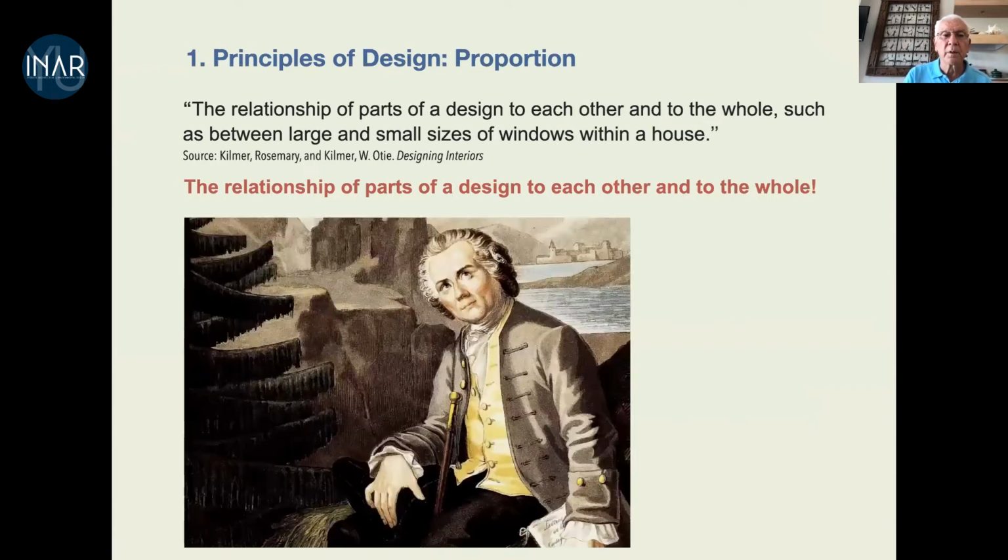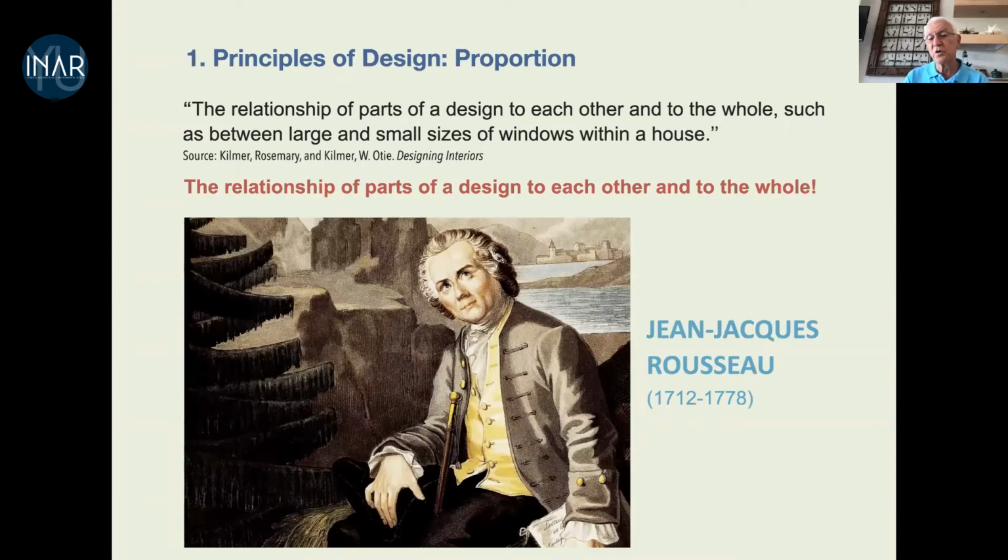But it goes back to this gentleman who mentioned, maybe for the first time in history, the relationship of parts of a design to each other and to the whole. Well, I don't expect you to recognize him, but maybe some of you already did.